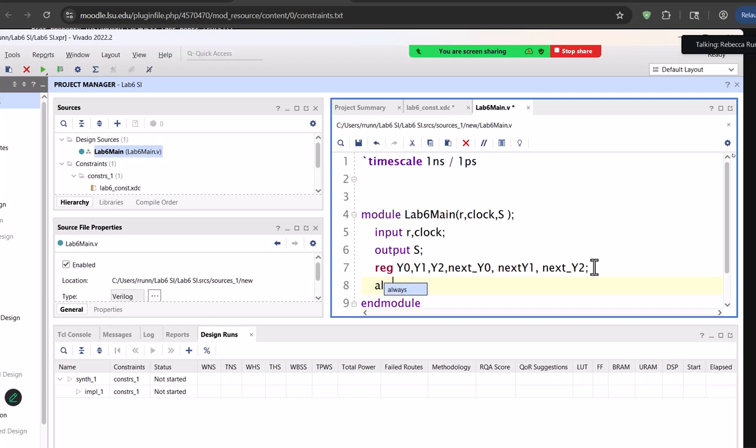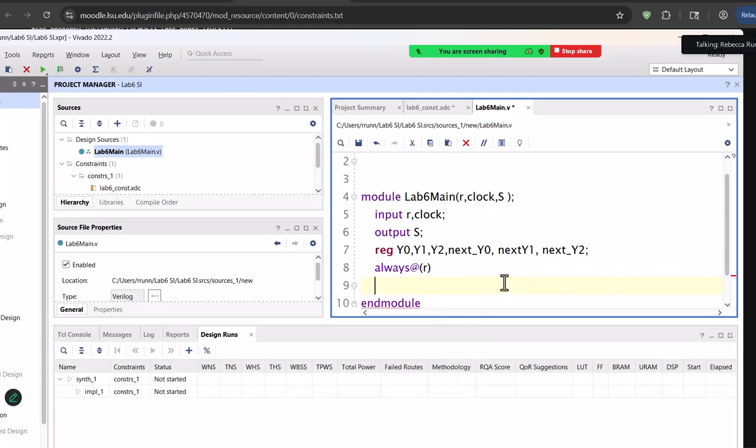So I'm going to have always at R. So when my switch changes, this is where I want to do my combinational logic.